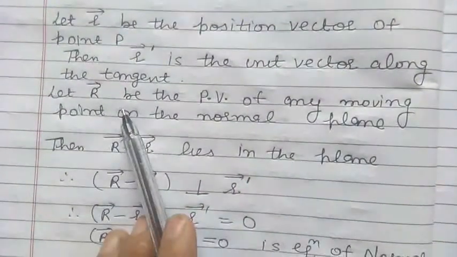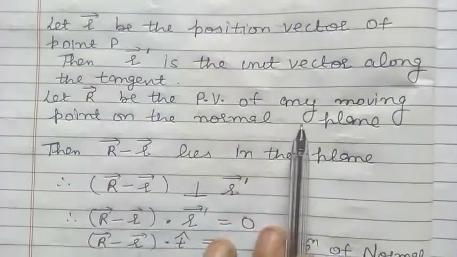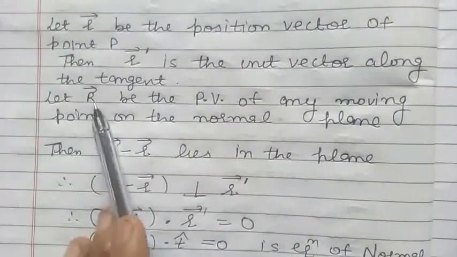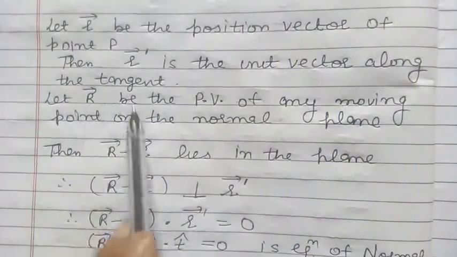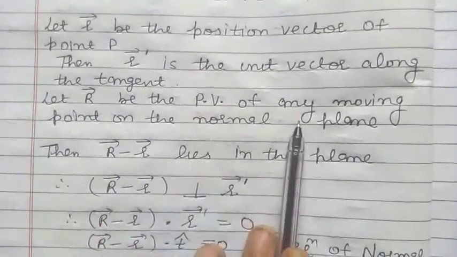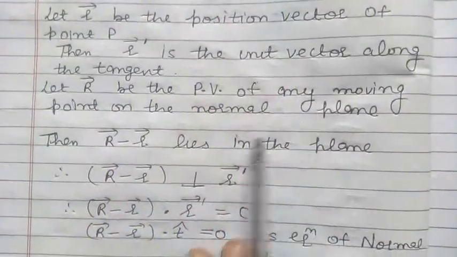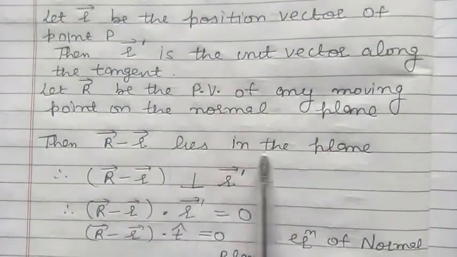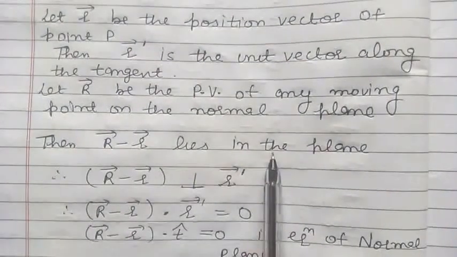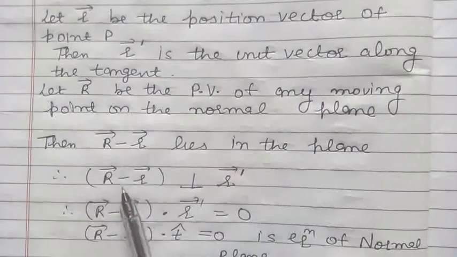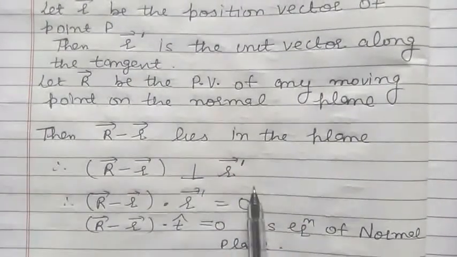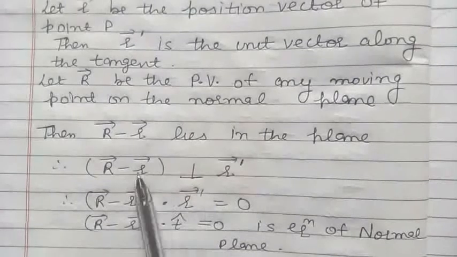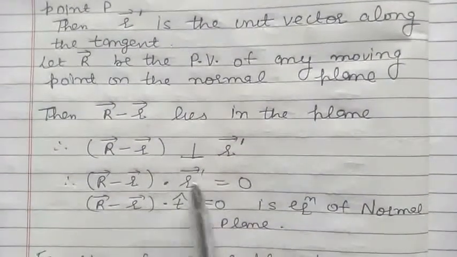Let us take a current point on the normal plane, and its position vector we denote by the vector R. This is the position vector of the moving point on the normal plane. Now again the vector joining the two points lies in the plane. Because this lies in the normal plane, it will be perpendicular to the unit tangent vector, and since the vectors are perpendicular, their dot product will be 0.